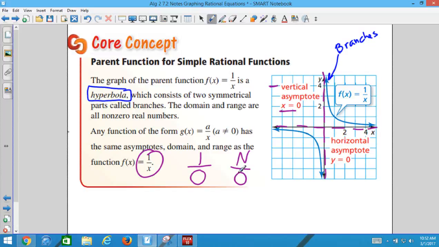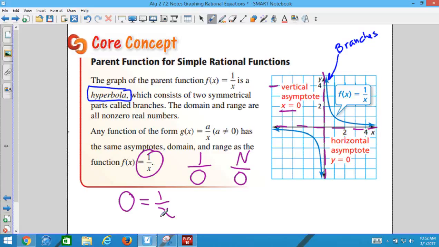So that's why x cannot equal 0. And y cannot equal 0, because if I take 1 and divide it by some number, I can never get 0. You can't take 1 and divide it by something and get nothing. So both x and y cannot equal 0.